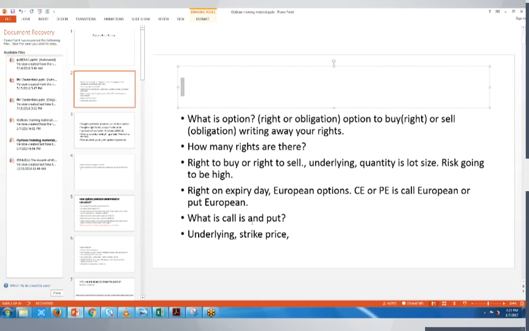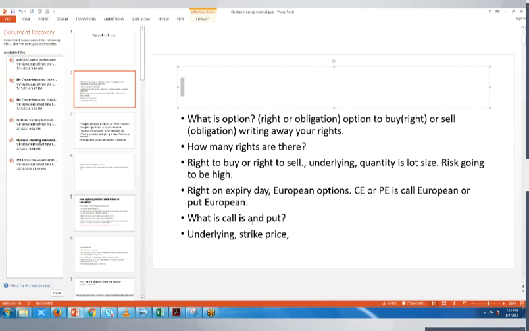Lot size, one Nifty few years ago it was 25 lot size, and then it became 50, and then it became 75. So every time the lot size is increasing, the risk is also increasing, because previously you used to trade probably one lot of a smaller size.